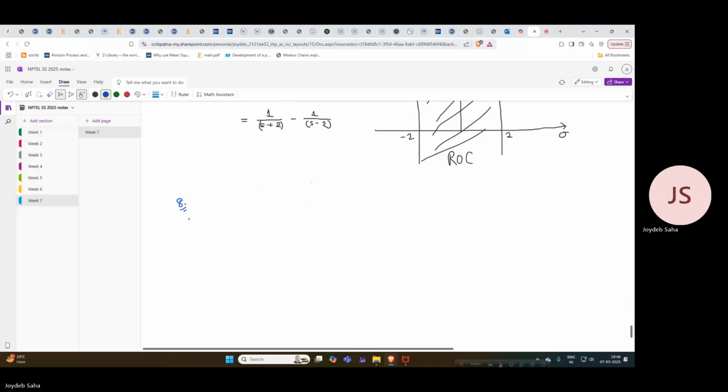Find the Laplace transform of x(t) equal to delta(t).